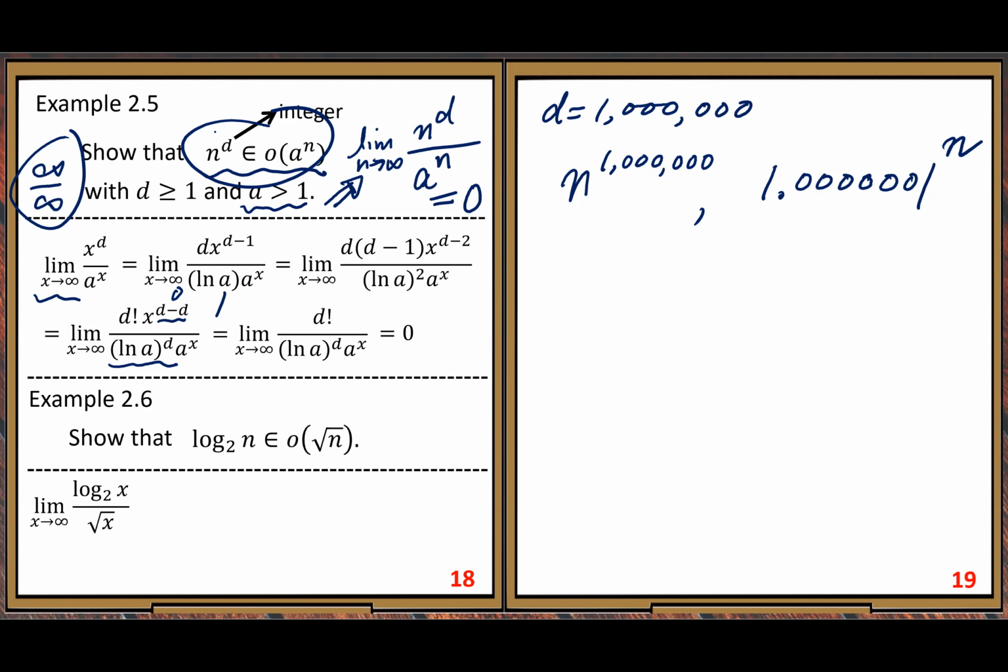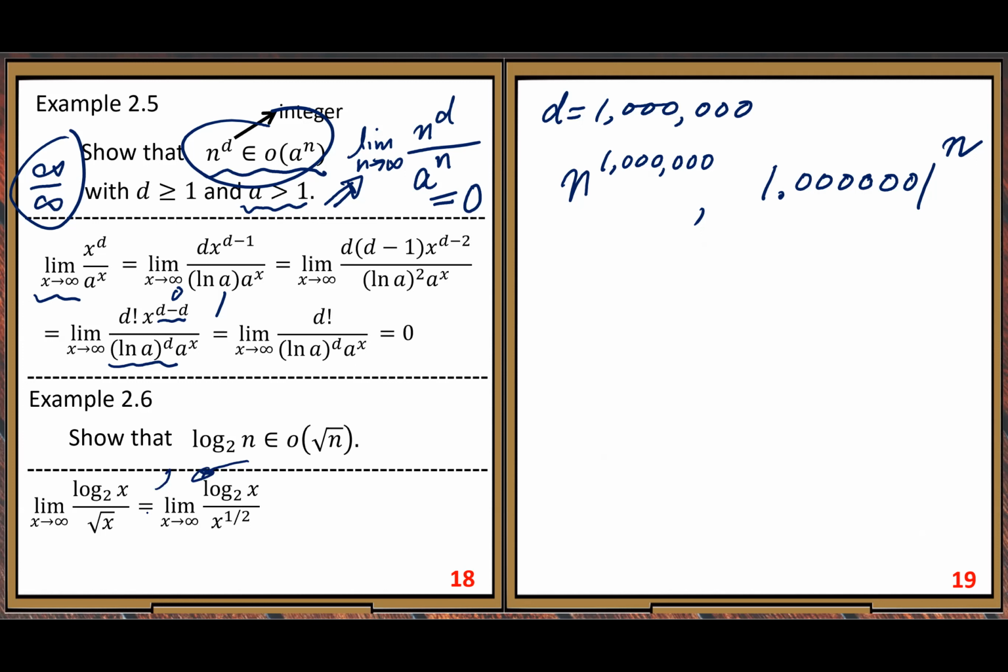Numerator, log base 2. So we can find that formula. The formula is a little wrong. There is a constant here. When you take the derivative, there is a natural log of 2 constant in front of this log base 2 of x.